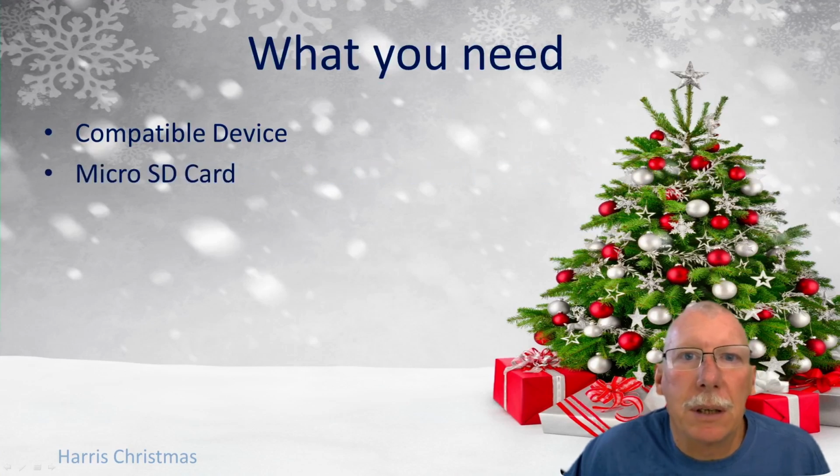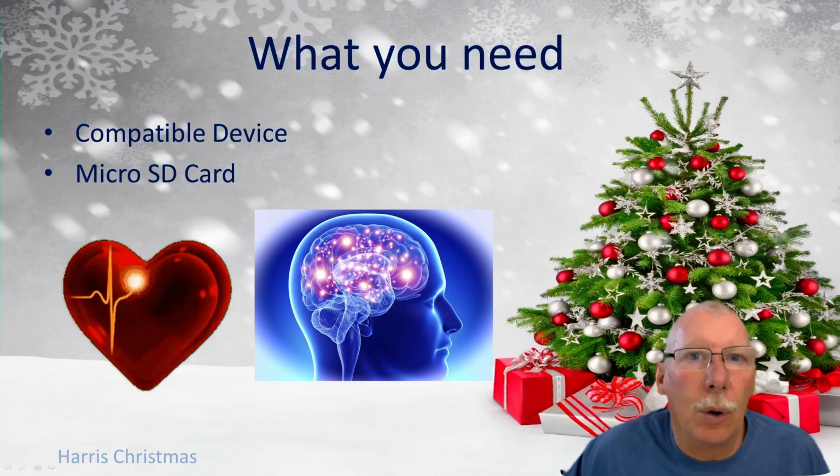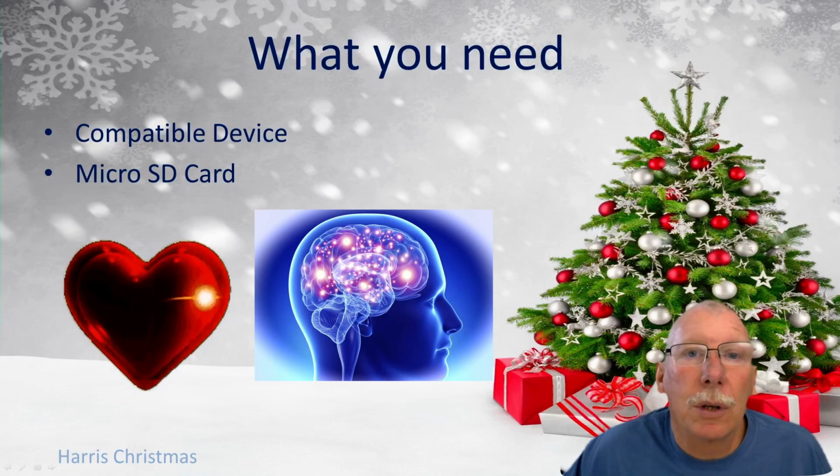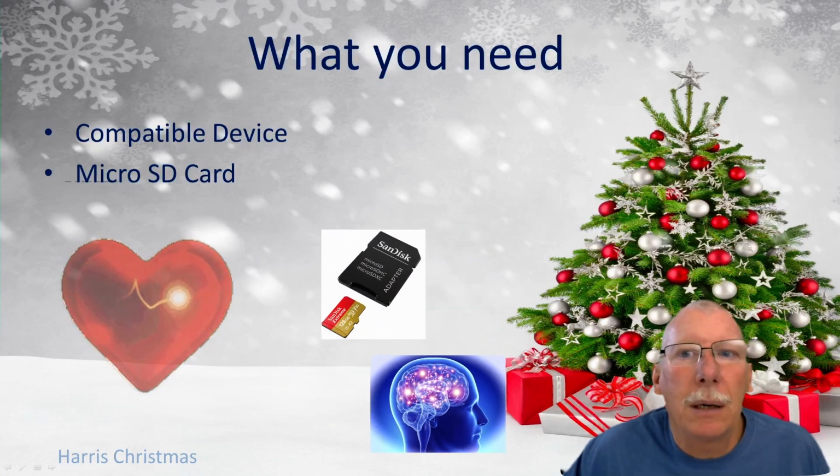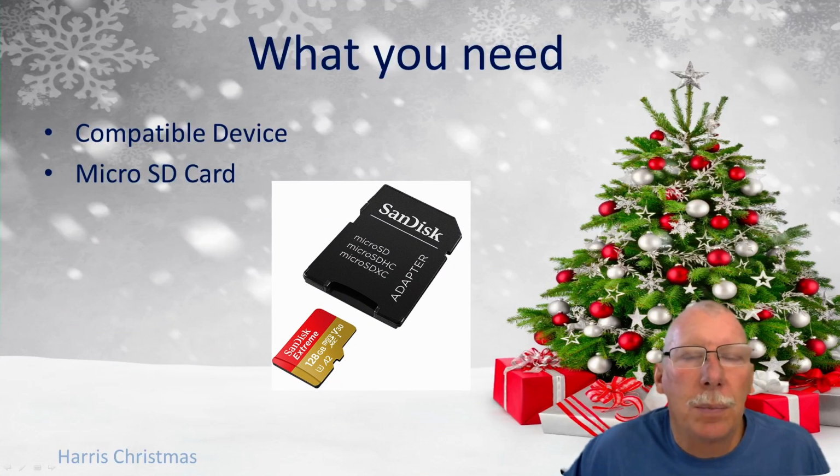Then you got the micro SD card. The micro SD card is the heart and brains of your whole show and the controller. So you might not want to skimp with that. Get a good quality name brand card and one that has a good speed.